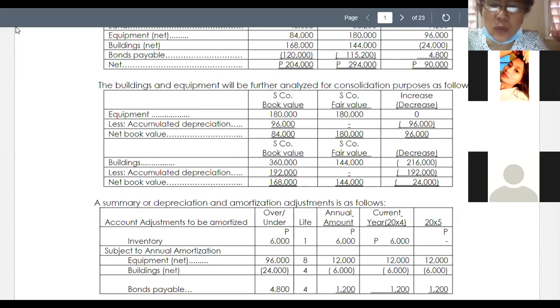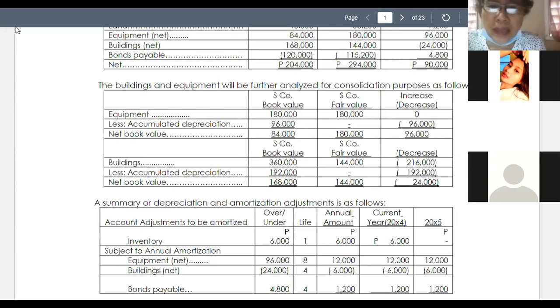Then for the equipment, the annual depreciation is 12,000 charged to the current year and next year. Then we have the building with an amount of 24,000 divided by 4. It's 6,000 to be charged annually and good for 4 years.